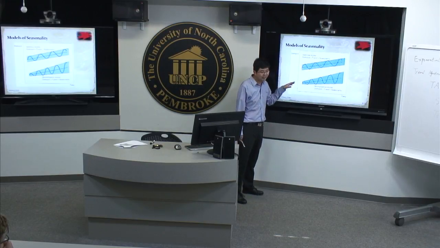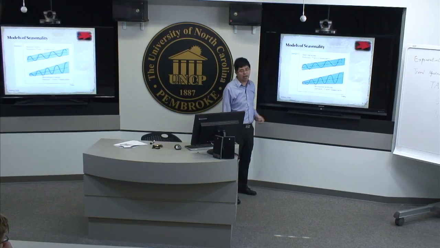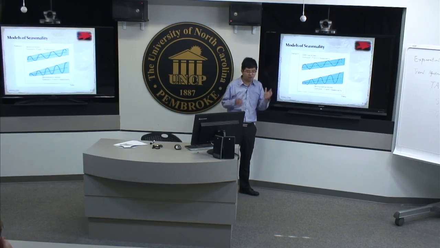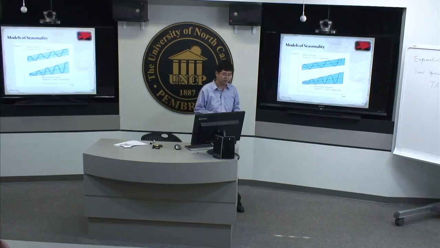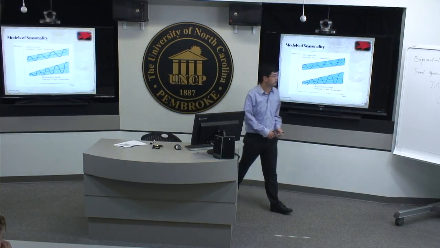Now the second one. Is this also seasonality? Yes, up and down. But the question is, can we use the additive model, with demand equal to the average plus or minus a constant value?